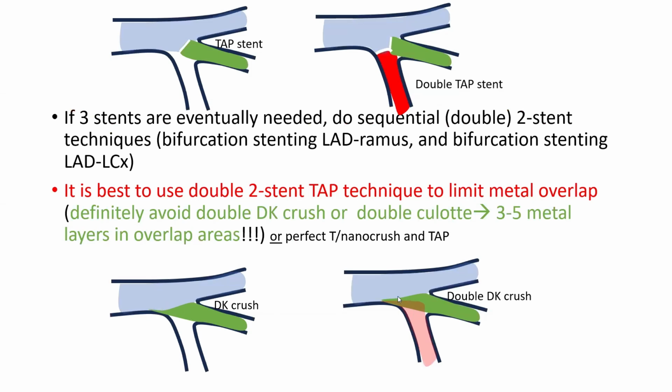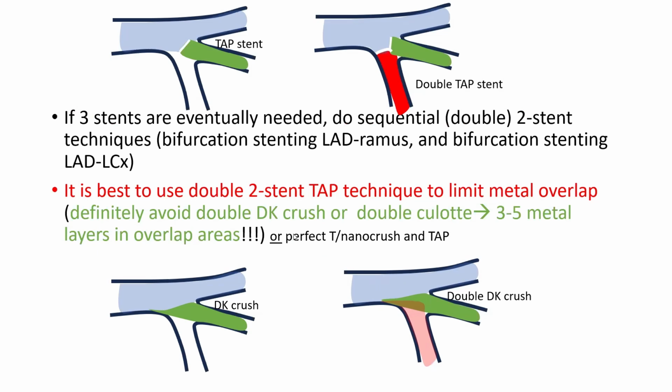Then you do another DK crush between left main LAD and left circumflex, you'll end up with 5 metal layers here away from the carina and 4 metal layers in this area that you'll have to recross to do a final kiss or trissing.